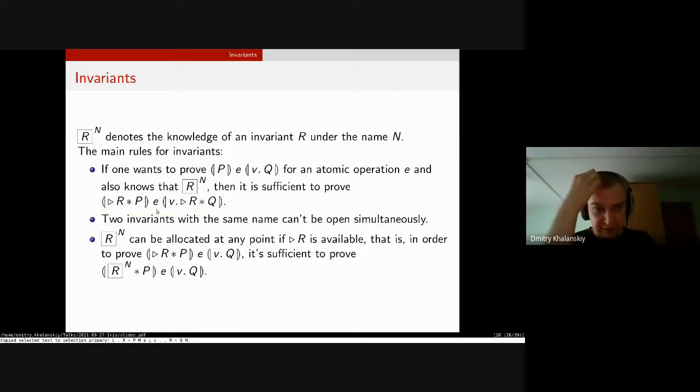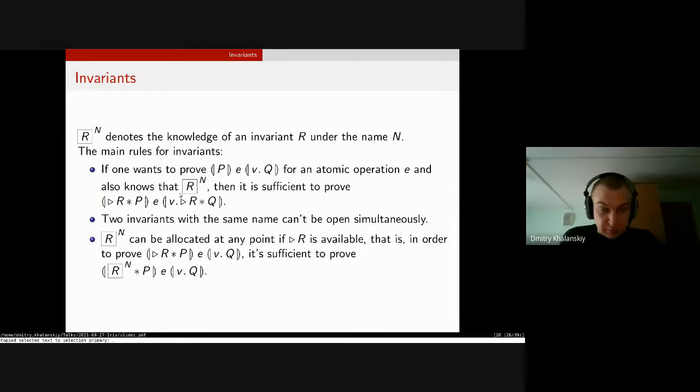This says that we will be able to use in the proof of this operation the knowledge that the resource R will be available at some later point in time, which once again is usually not important unless your resource is some arbitrary statement where an invariant is stored inside an invariant. You don't really have to be concerned about this. You can just remove the triangle with no harm.